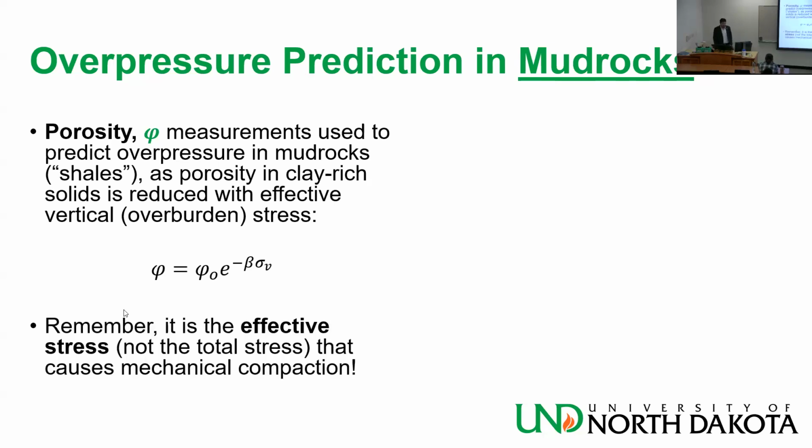So remember, the effective stress and not the total stress is what causes mechanical compaction. By the way, what would you think if I give you an SV value of X and a PP value bigger than X?